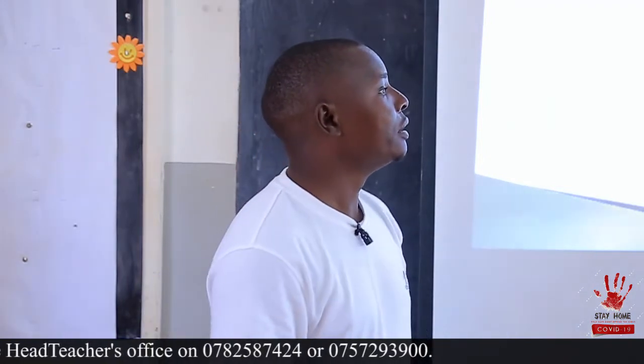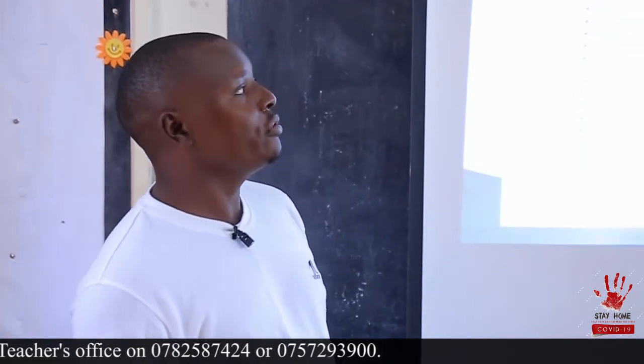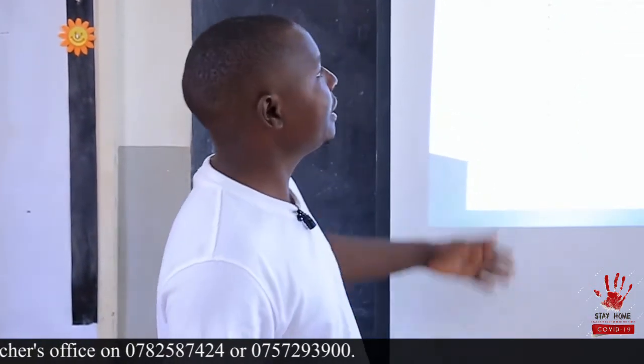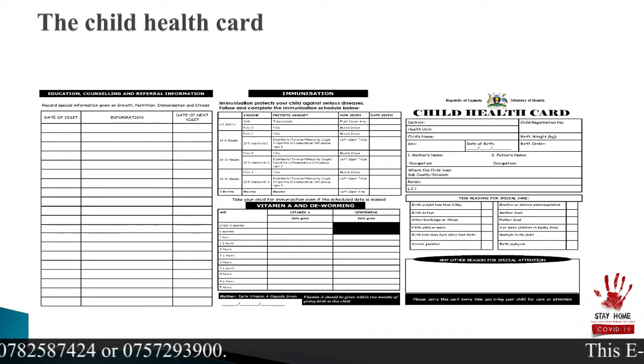Now, like I told you, we are looking at a child health card. This is the way a child health card looks. Please, let me ask you to ask your parents to give you that child health card and you look at it. It looks like mine that you are seeing.